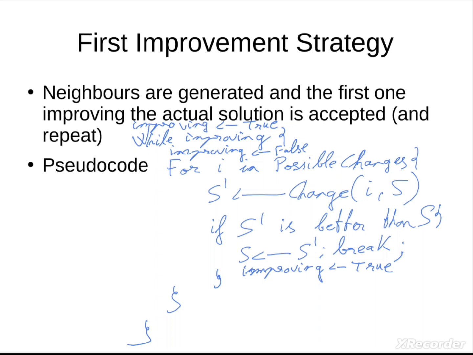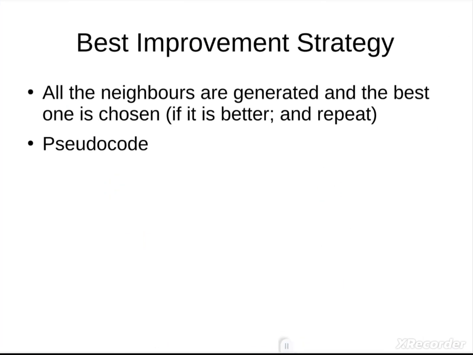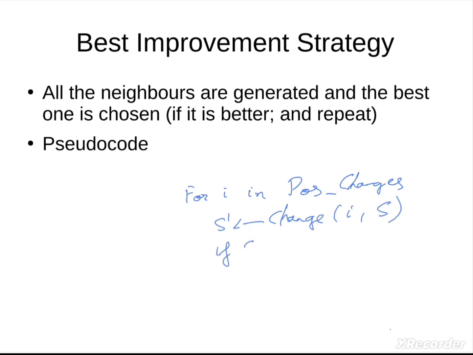Regarding best improvement strategies, the idea is that you pick the best neighbor, so you have to evaluate all the neighbors. And if S prime is better than the best neighbor, then you update this best neighbor.